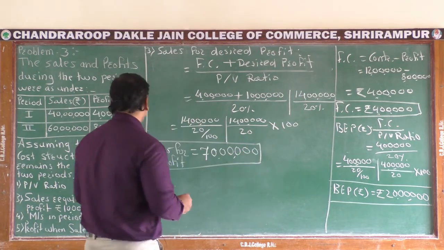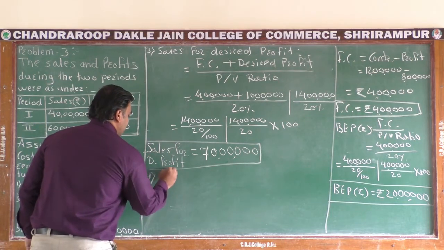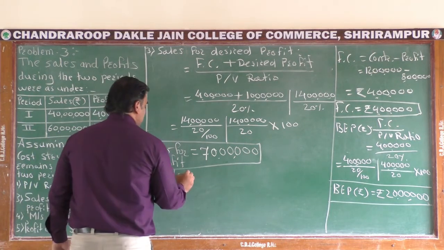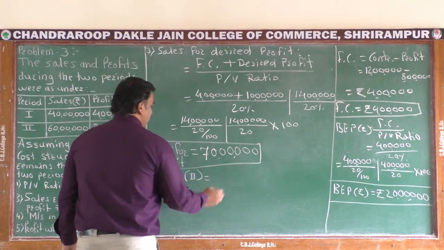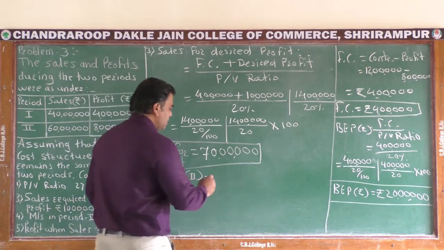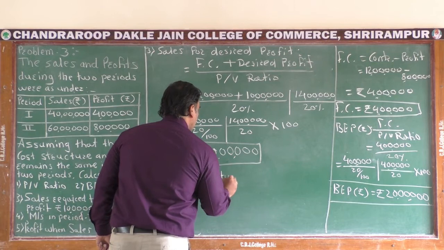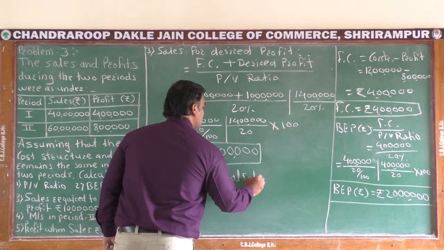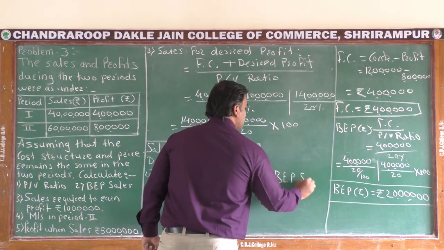So now we are going to calculate the fourth item, that is margin of safety sales for period second. So margin of safety formula is actual sales less BEP sales.